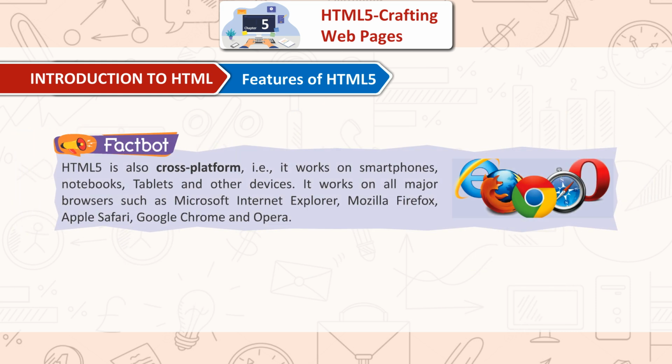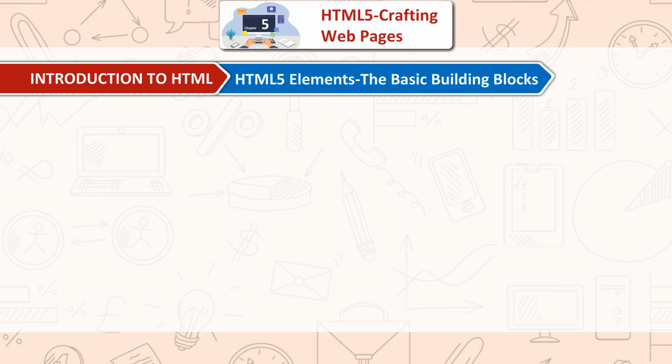FactBot: HTML5 is also cross-platform. That is, it works on smartphones, notebooks, tablets, and other devices. It works on all major browsers such as Microsoft Internet Explorer, Mozilla Firefox, Apple Safari, Google Chrome, and Opera. HTML5 elements, the basic building blocks.